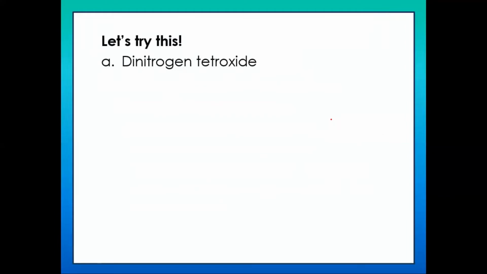So be mindful about the prefixes. So we have here di for the nitrogen. So you have to determine as well the element symbol for the element name or elements involved in the compound. So nitrogen has capital N as its element symbol. So di means 2.